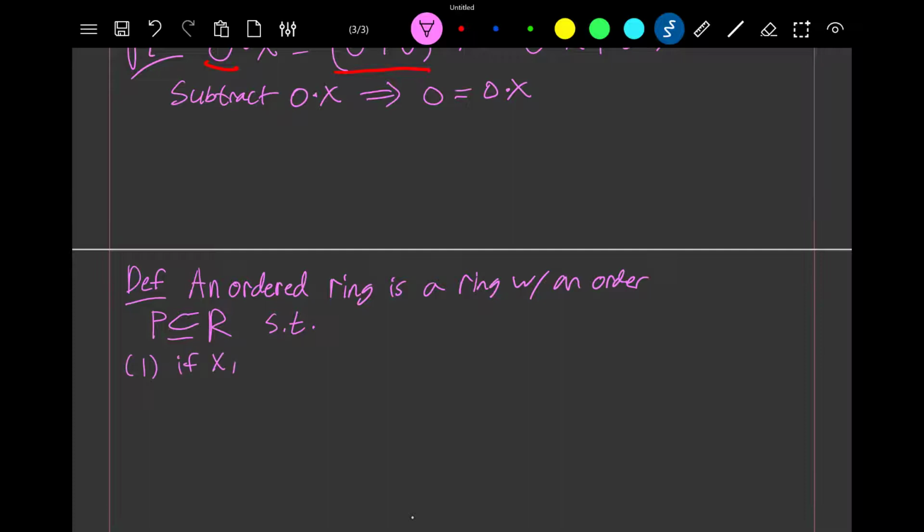If X and Y are in P, then X plus Y is in P. This is saying that if you have two positive numbers and you add them together, you get another positive number. Similarly, if you have two positive numbers and you multiply them together, you should get a positive number.